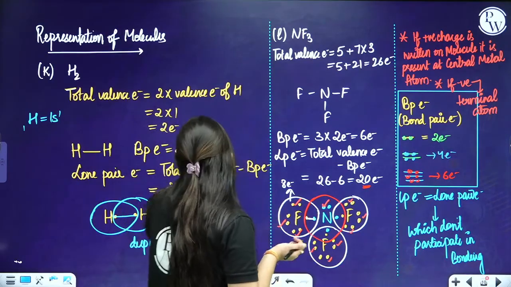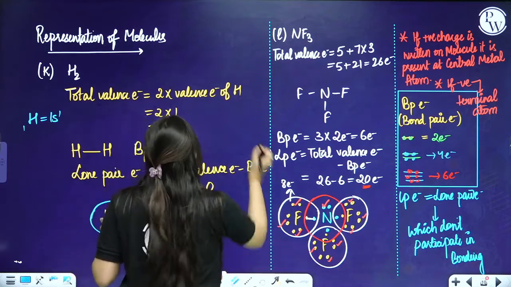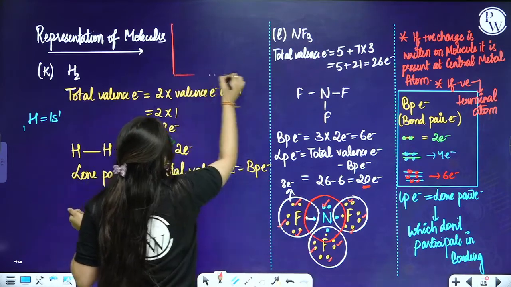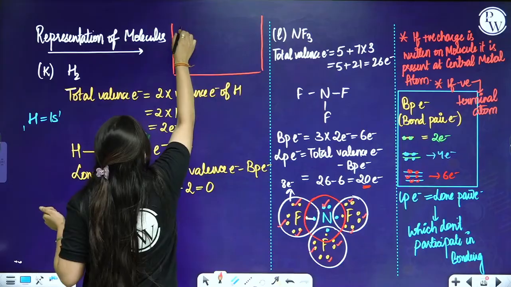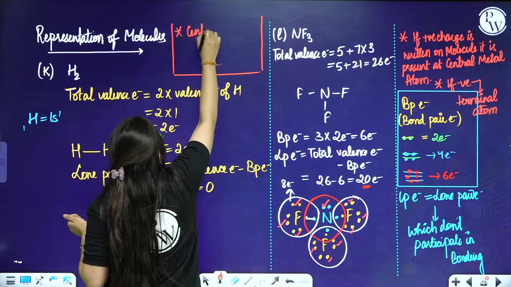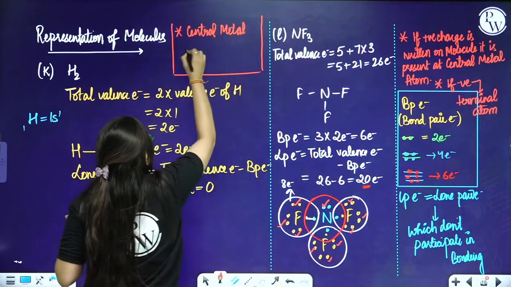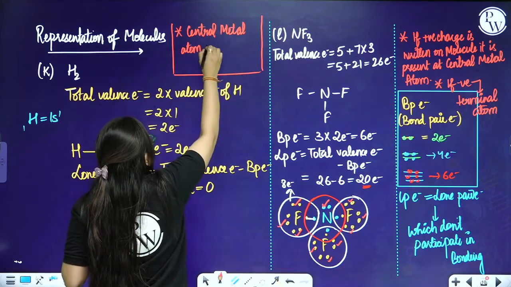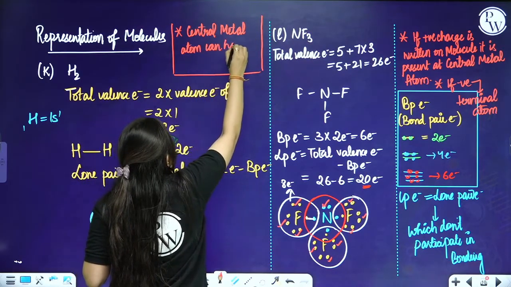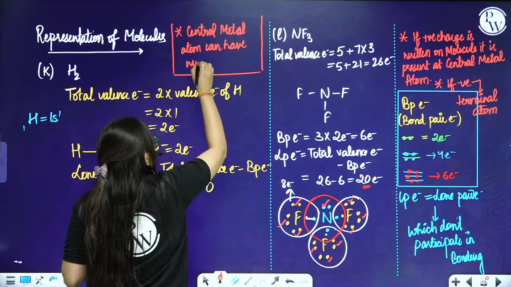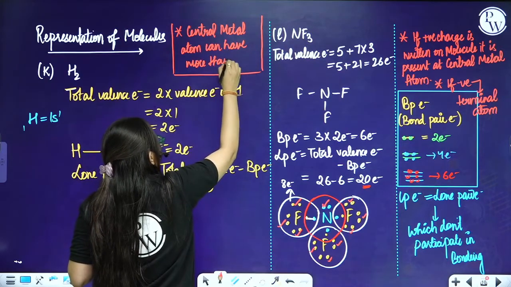Also, there is one more key concept: the central metal atom can have more than 8 electrons also.